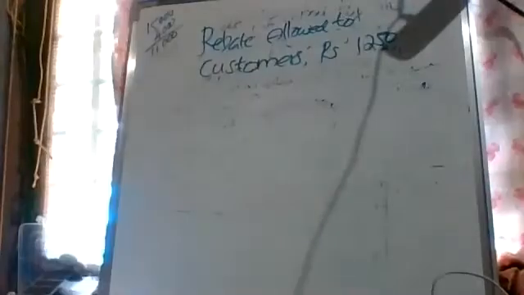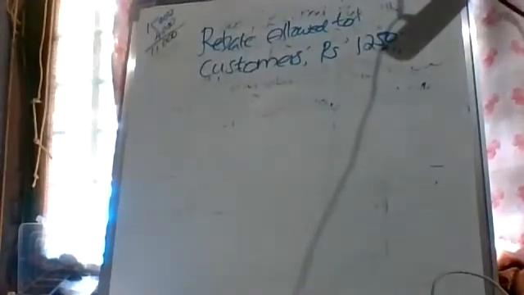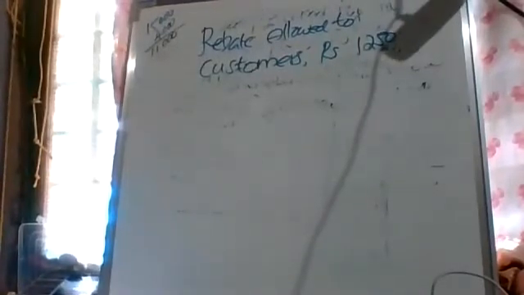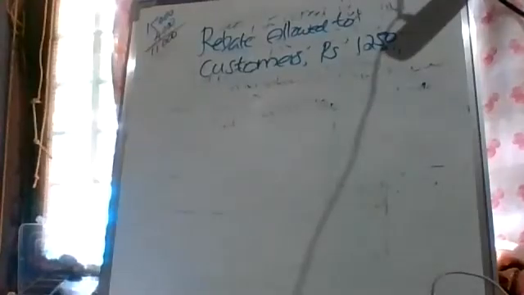Rebate allowed account debit to... When the business organization is allowing rebate, it is our loss. In accountancy, all the expense and loss will be debited or credited? Debited. So the account to be debited is rebate allowed.